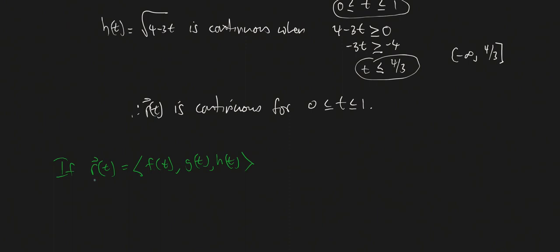So if r of t is defined by this vector function, and if f, g, and h are differentiable on some common interval, kind of like how we found that common interval, but here we're looking for not just continuity, we're looking for differentiability.